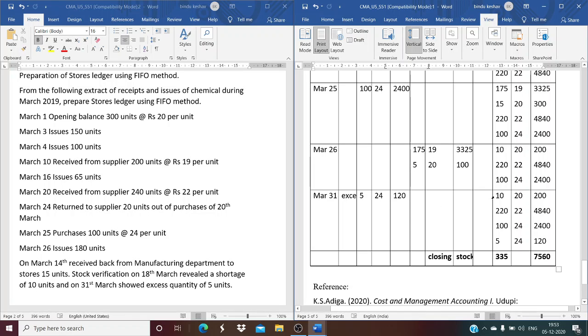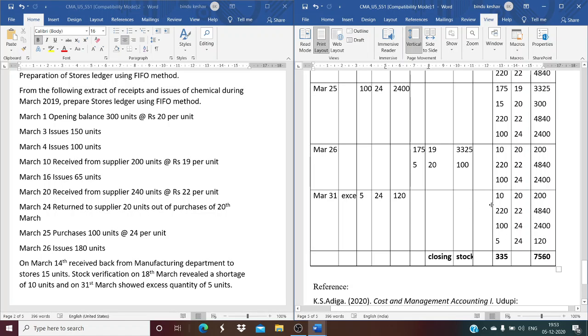So the closing stock will be 10 units at rupees 20, rupees 200; 220 units at rupees 22, 4,840 rupees; 100 units at rupees 24, 2,400 rupees; and the recent one, the excess 5 units at rupees 24, 120 rupees.